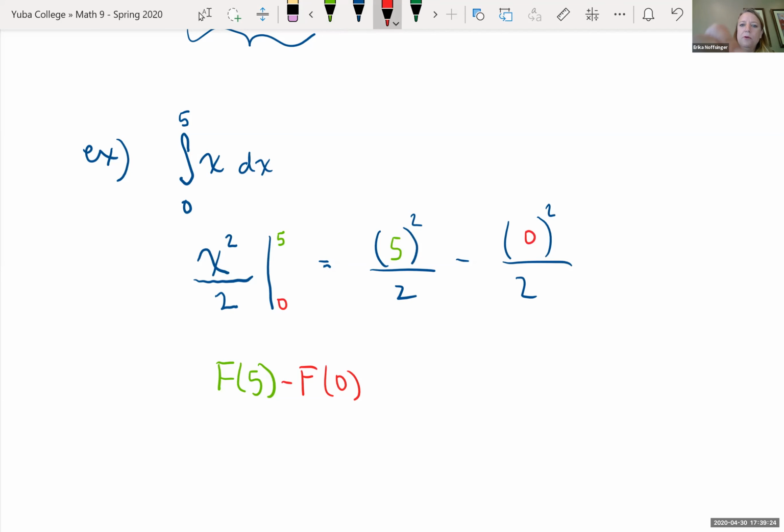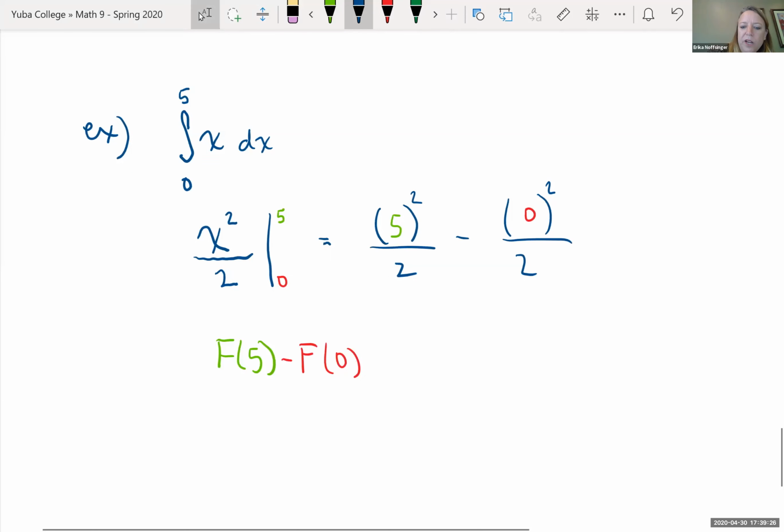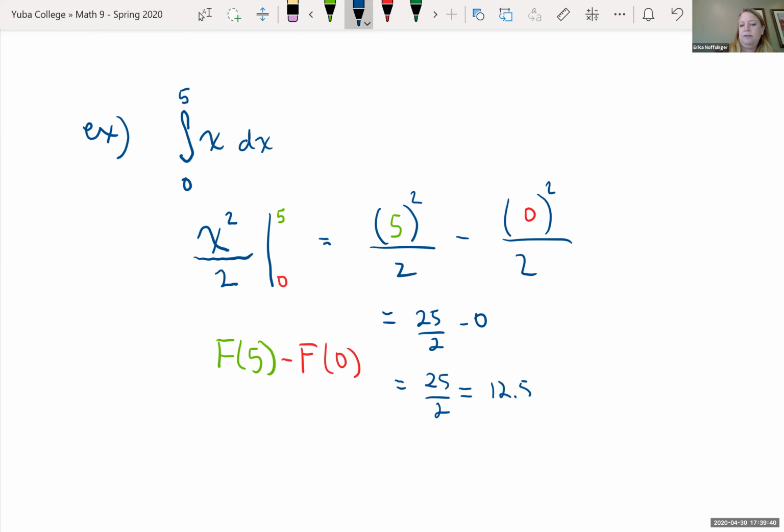So this would equal 5 squared, which is 25 over 2 minus 0. So this is equal to 25 halves, or 12.5.